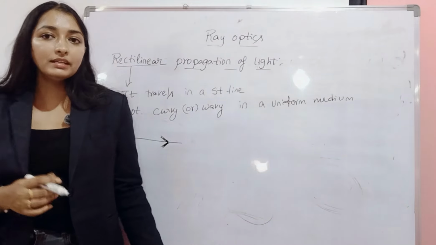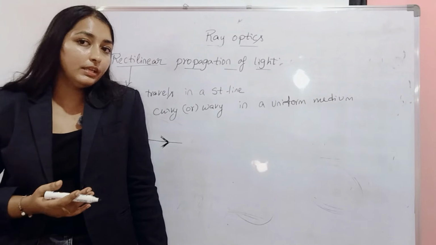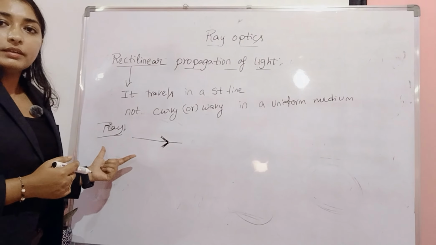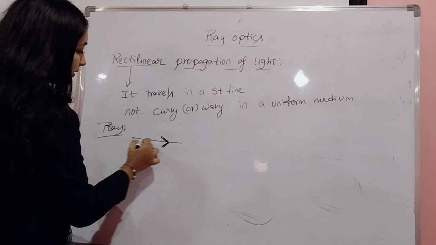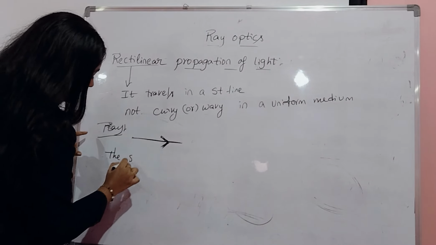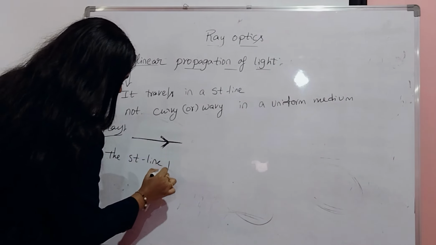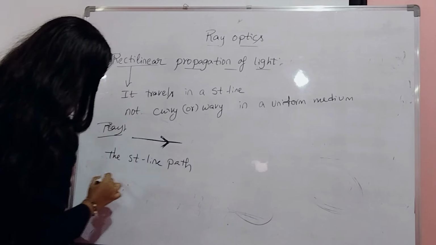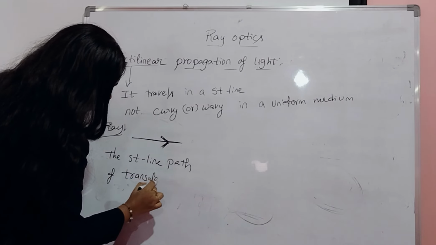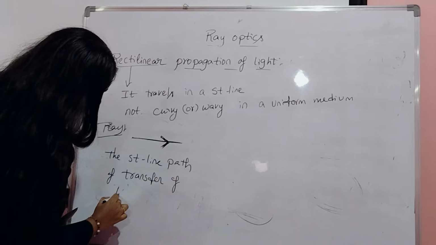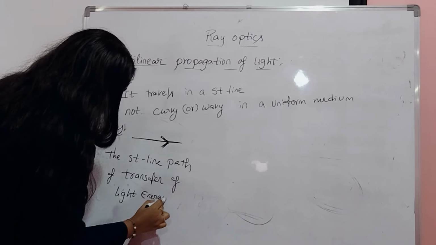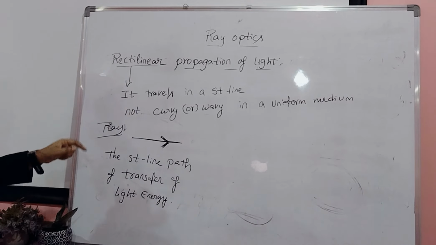So let us understand the simple terms ray and beam. Okay, so what is a ray? A ray is represented like this. A ray is the straight line path of transfer of light energy. Okay, so what is a ray?